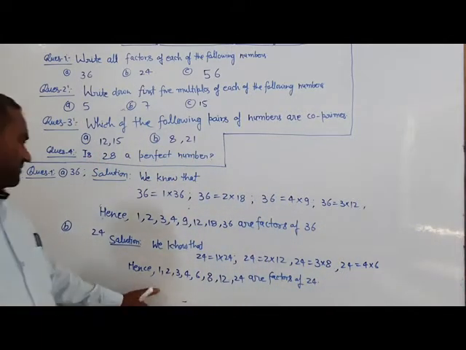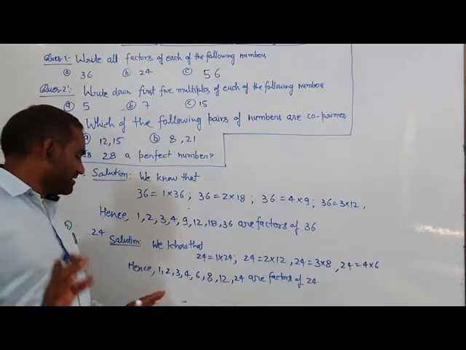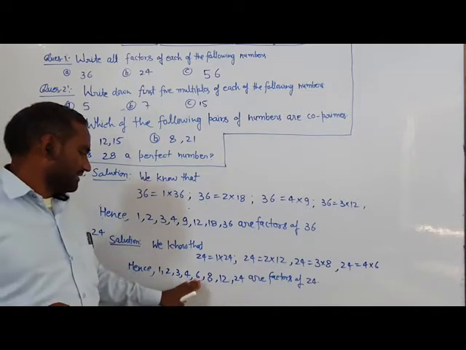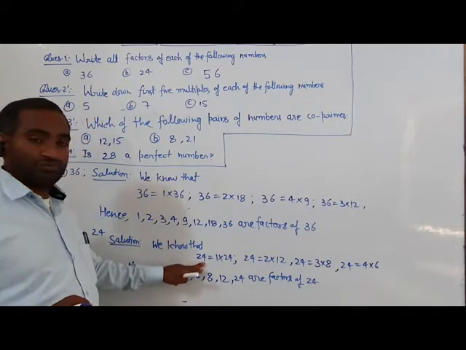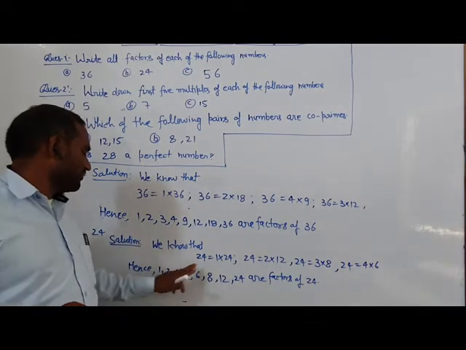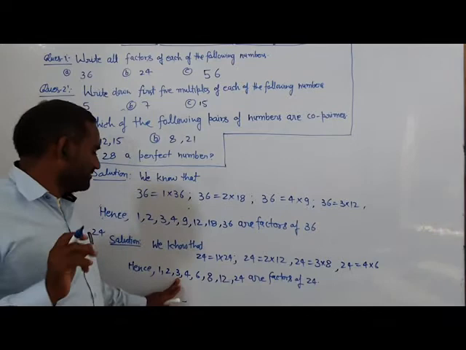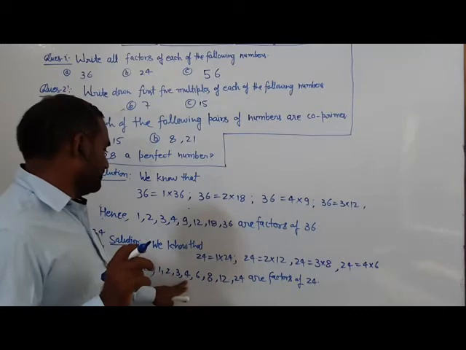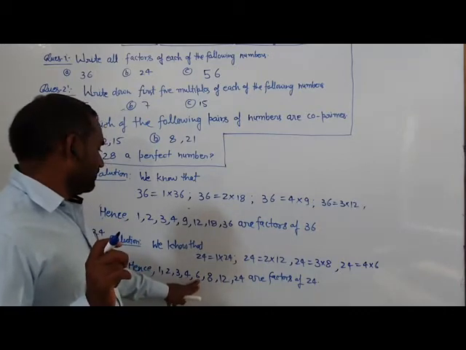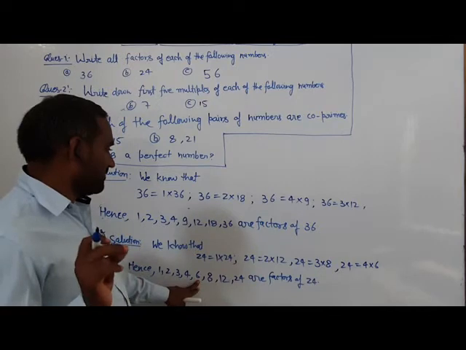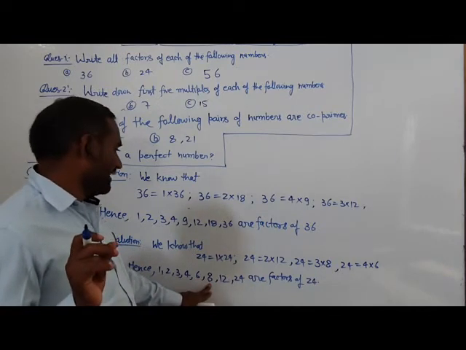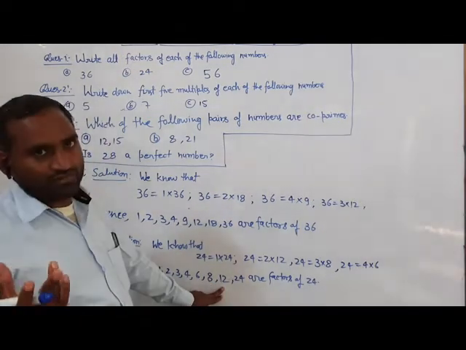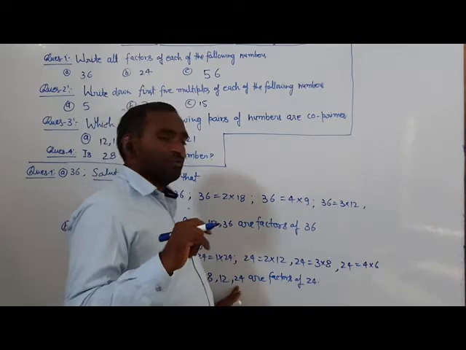Because 24 is divisible by 1, 2, 3, 4, 6, 8. When we divide 24 by 1, the answer is 24. By 2, the answer is 12. By 3, the answer is 8. By 8, the answer is 3. By 6, the answer is 4. By 12, the answer is 2. And when we divide 24 by 24, the answer is 1.